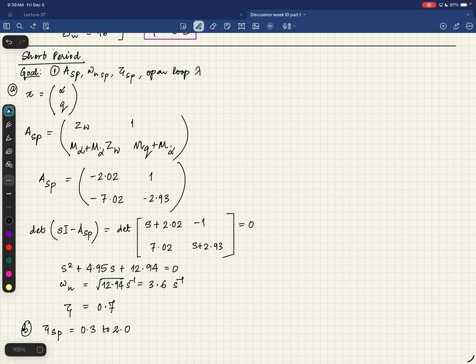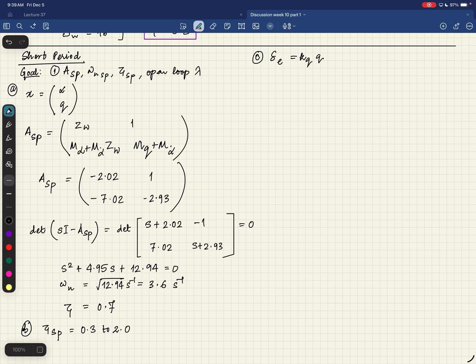Next is, so yeah, now we will go ahead and do the stability augmentation system part. So we wish to design a pitch rate damper using the state feedback, and the control law is given to you as this. Okay, if the control law was not given, what would be the control law that you should have assumed?